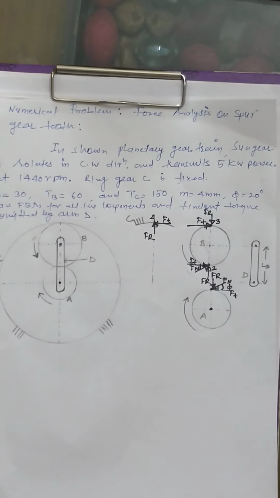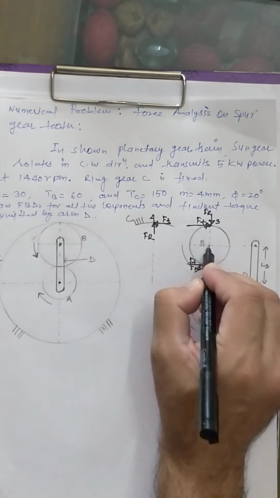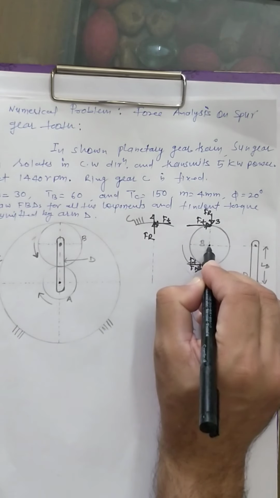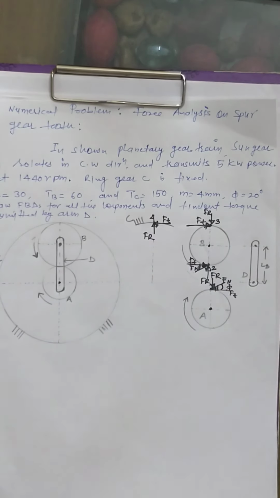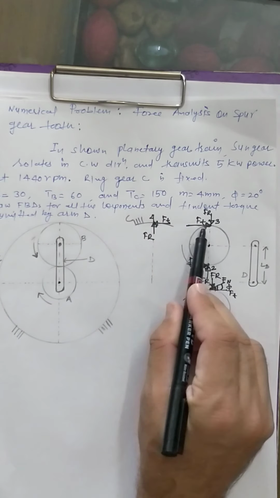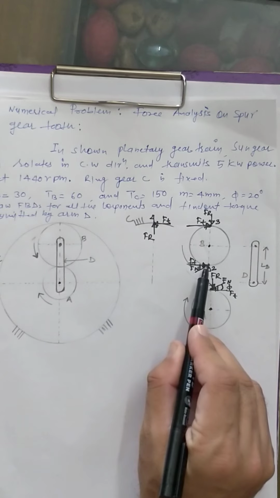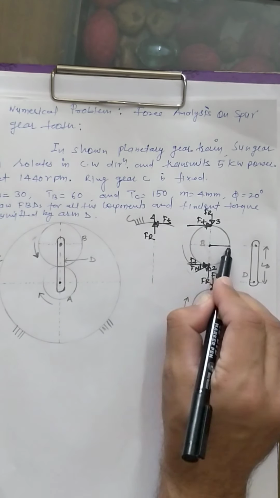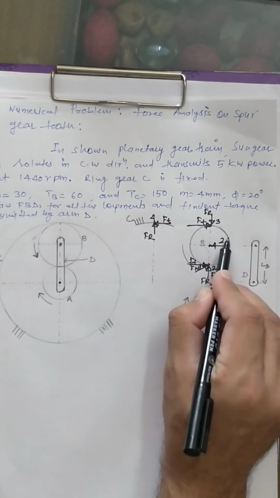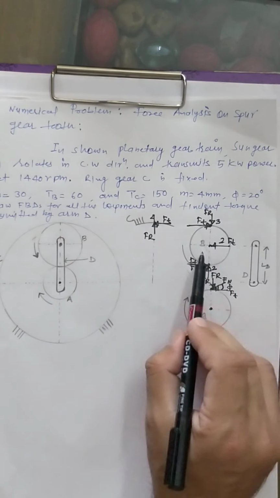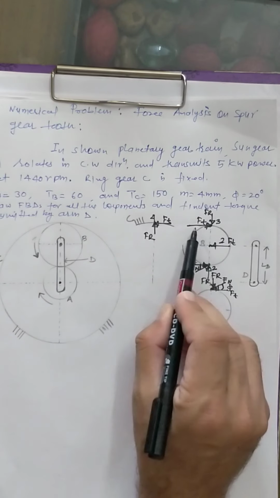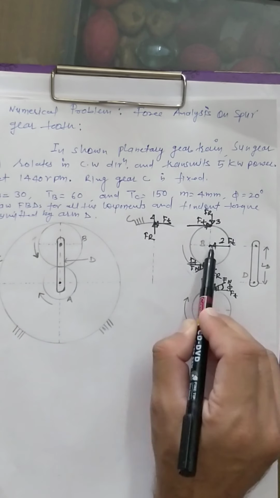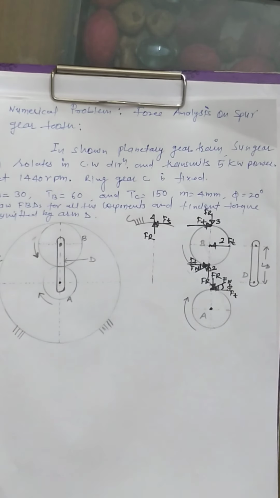So now according to the force equilibrium rule, at the center of this gear B, at this point, the force would be Ft plus this Ft in the leftward direction, or you can say there would be one force 2Ft in this direction, opposite to this, right?